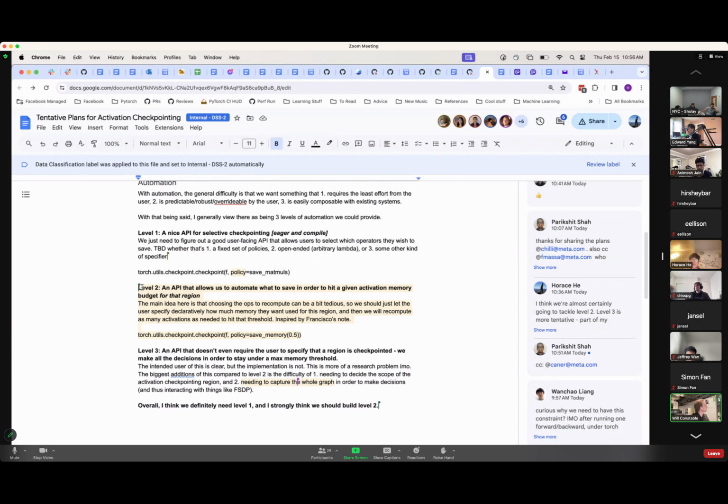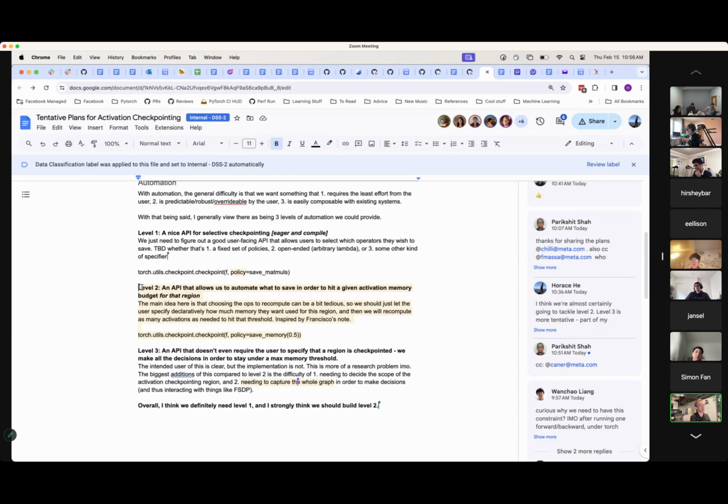I'm not sure why that wouldn't work today with the graph break FSDP approach. Are you talking about compiled FSDP or graph break FSDP? Compiled FSDP. Okay. I actually don't remember. I feel like compiled autograd changed a lot of the equation here.